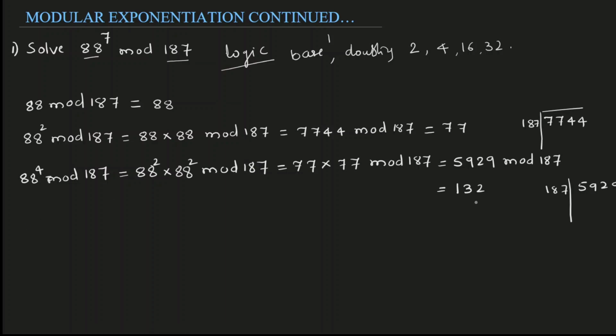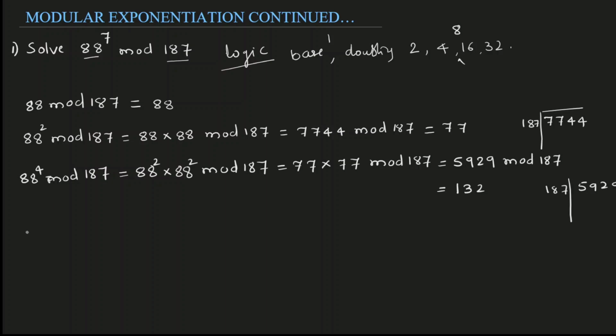So now, we need to stop here. Why? Because next is 88 raised to double this. So when you double this, you will get 88 raised to 8, and then 16. Yes. Multiply with 2 each time, 4, 8, 16 like this. Yes. We need to multiply. Here I missed 8 also. Yes.